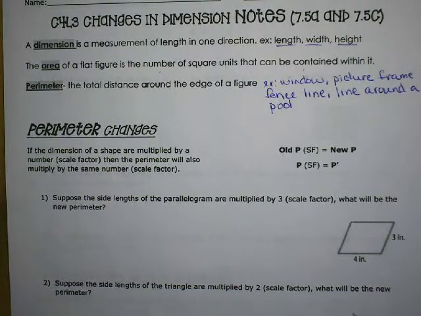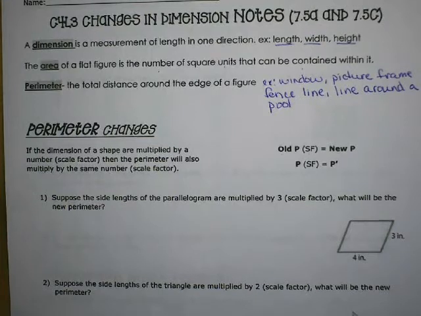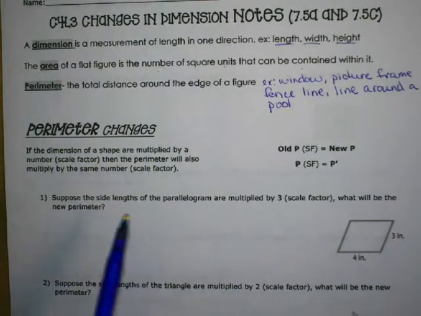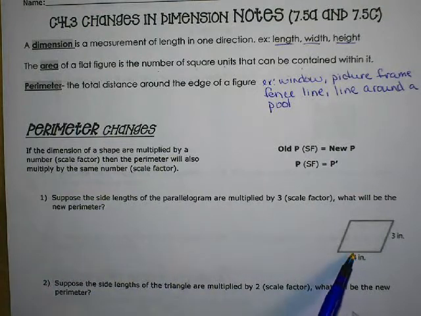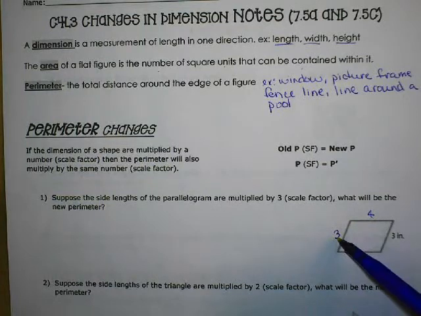Let's look at number 1. Number 1 says suppose the side lengths of the parallelogram are multiplied by 3. What will be the new perimeter? Well, they didn't give me the perimeter, so I guess I need to find the perimeter of this parallelogram. To find the perimeter of any shape, you just add up all the sides. I have 4 plus 3 is 7, 7 plus 4 is 11, and 11 plus 3 is 14.